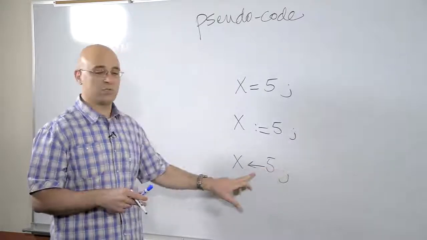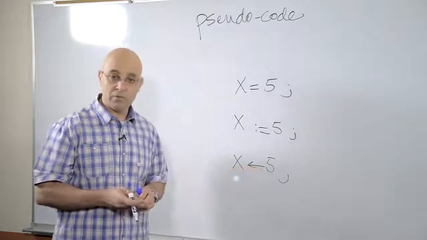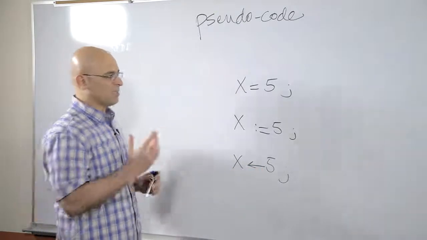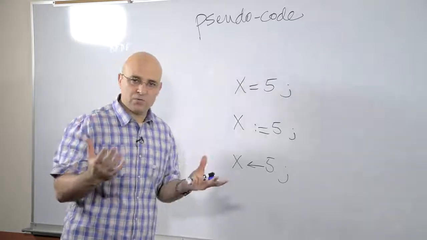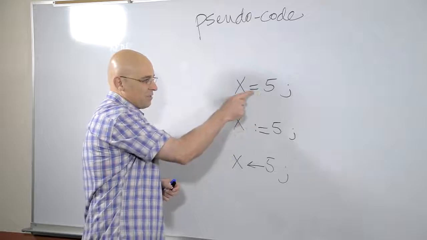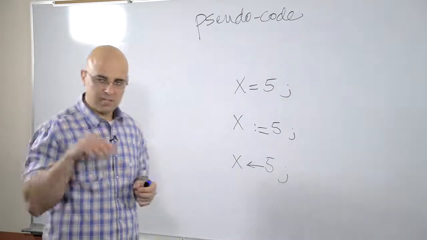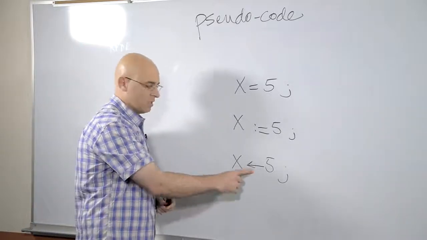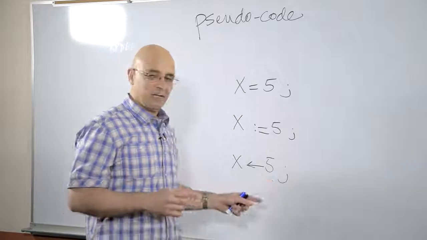So if a textbook is using this for assignment, you will see that the textbook is using this throughout the book. Okay? But it's very important to keep in mind that we are not going to be compiling the code. We are not going to be really running the pseudocode. So it doesn't matter if it was this or this or this, as long as we are consistent. For example, in this course, we are going to be using this notation. X left arrow 5, it means I'm assigning the value 5 to x.